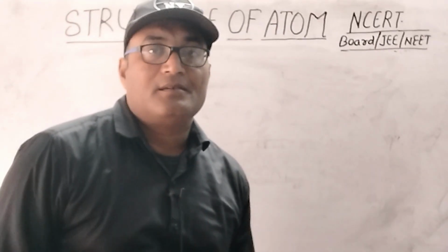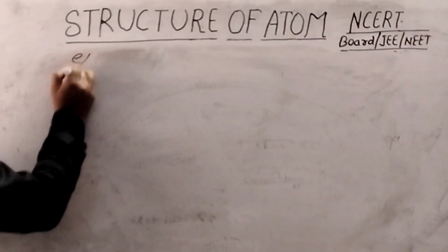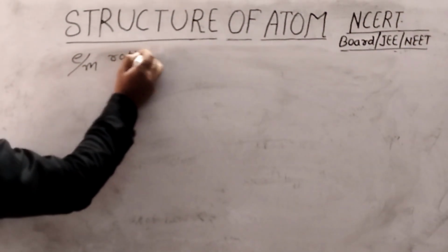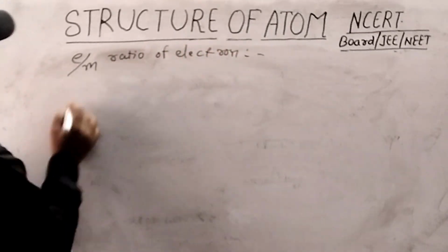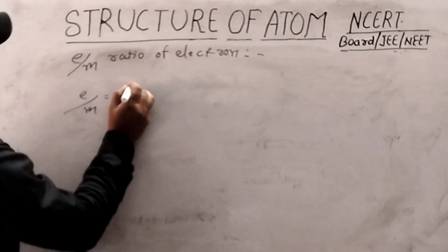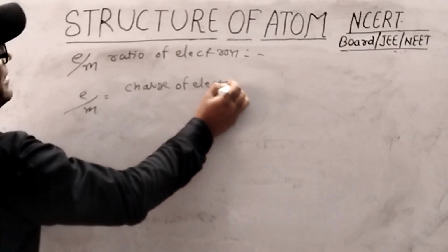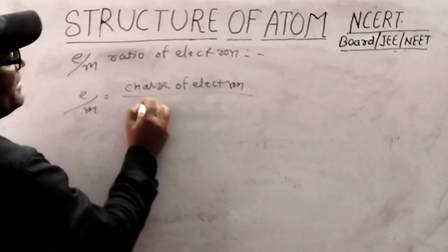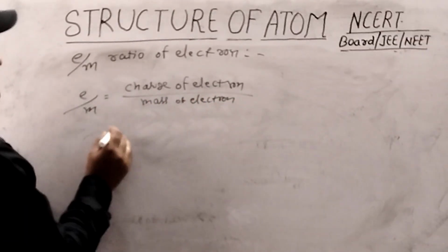Now the next topic is E by M ratio of electron. It means E by M, charge of electron by mass of electron.